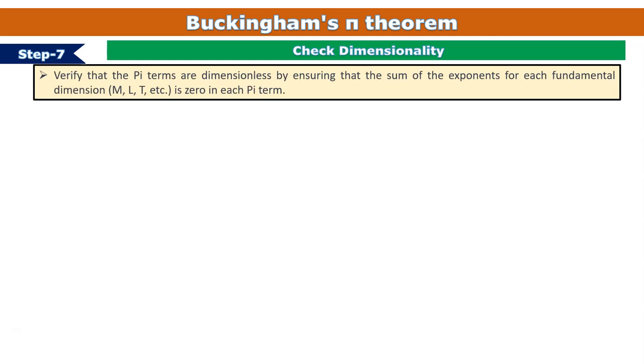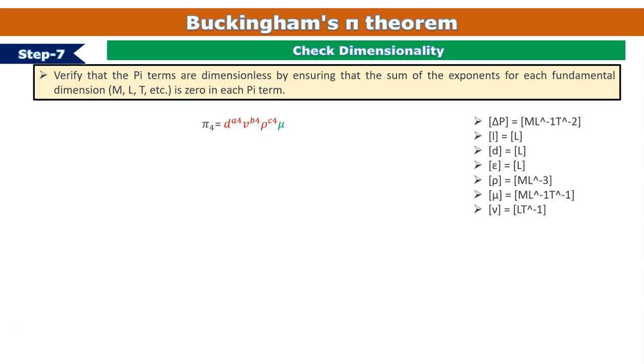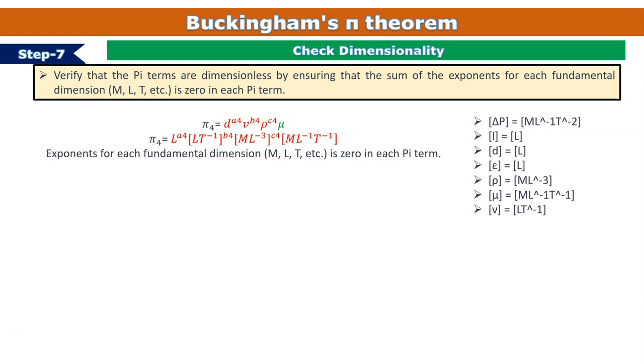Now finally pi 4. We know pi 4 is equal to d to the power a4, v to the power b4, and rho to the power c4, times mu. Now again we plug in all these dimensions and put them together in the exponents. We know the exponent for each fundamental dimension M, L, T is 0 in each pi term, because pi is a dimensionless number.